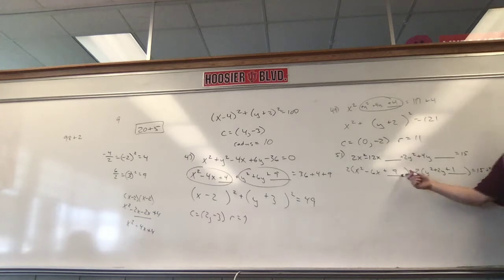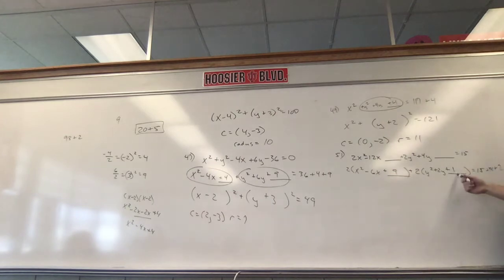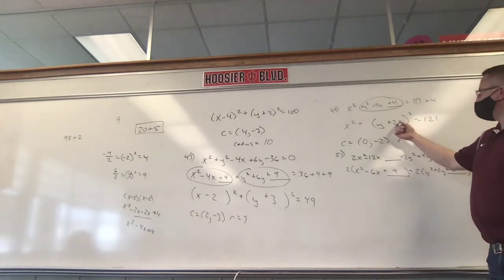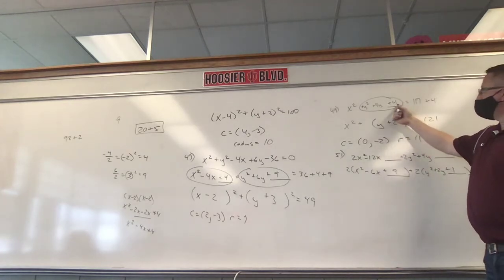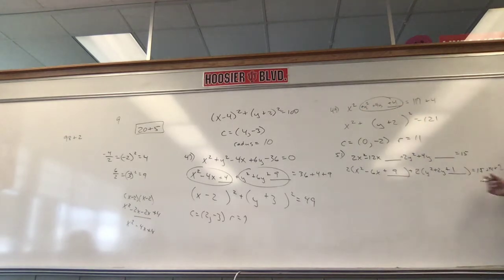We added 9 times 2. We didn't add 1, we added 1 times 2. That's what's tricky. Why did I do it back there? Because did I really add 4 there? Yeah, I did, because I didn't factor anything out there. So that's where it's tricky. We added 1, we added 2, and we added 18.